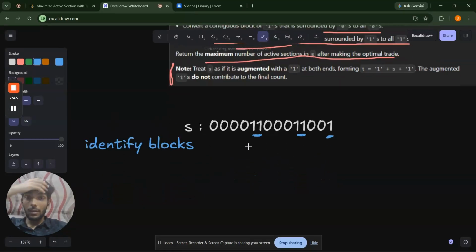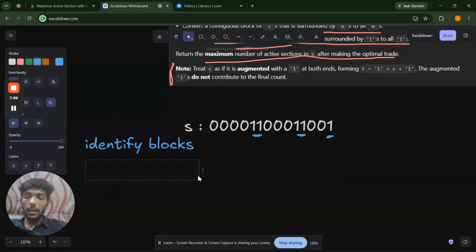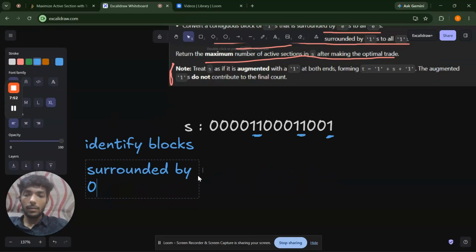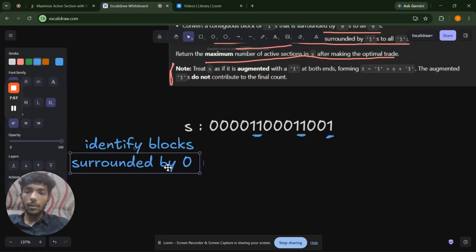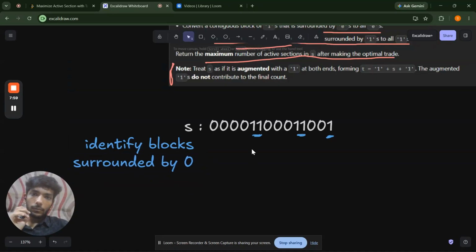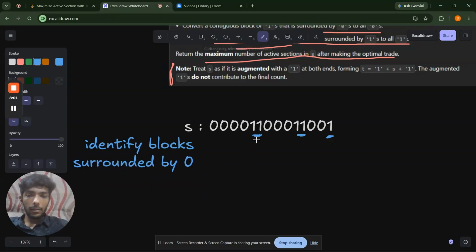Okay, so the second step is to check if they are surrounded by zeros. For this block over here, we can see that there is one zero on its left and another zero on its right.